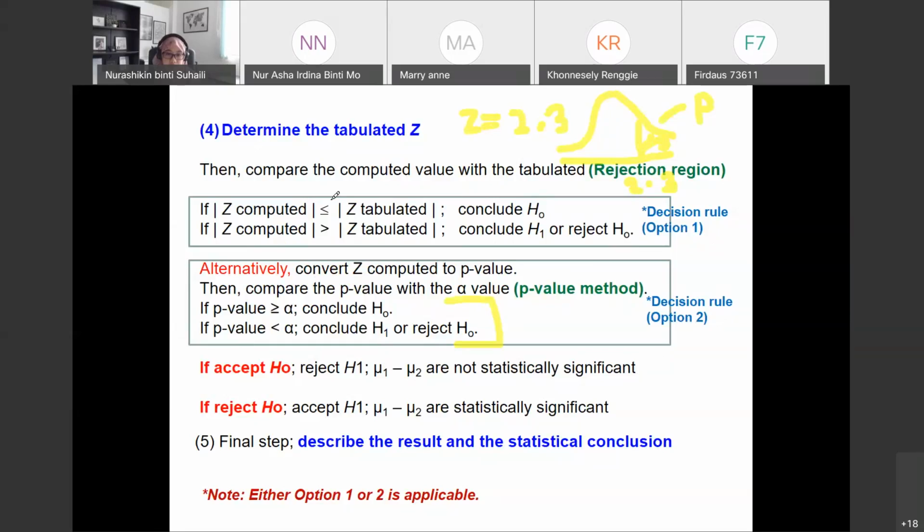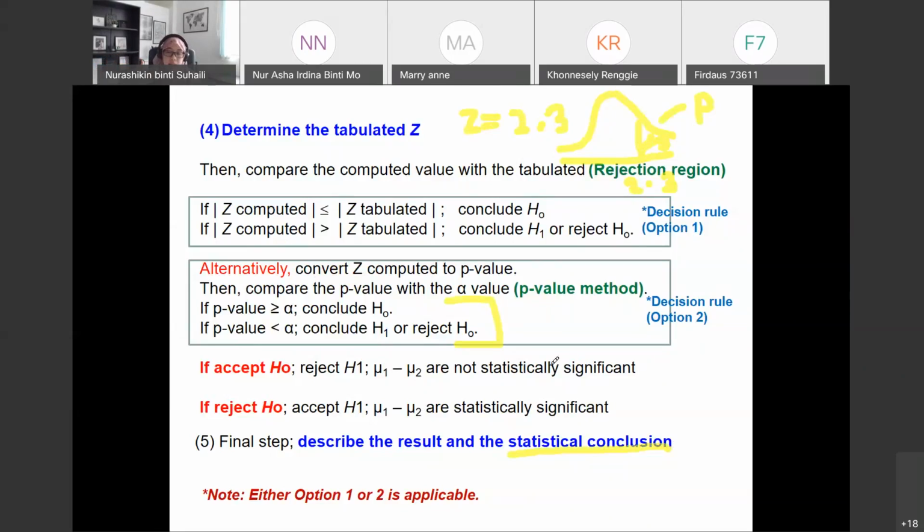After you make the decision, this is decision making, and then you have to make a conclusion. Making a conclusion means that, if let's say you accept H1, the alternative hypothesis, you have to go back to your alternative hypothesis, which you defined in the first step. When you define the hypothesis, it must be specific to the case that you are analyzing.